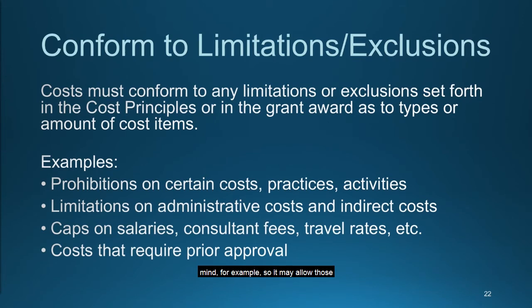It may allow those kinds of costs for a short temporary period of time if they were unforeseen, but when you get into long expanses of time, those start to get into the realm of questioned costs and unallowable costs, and things that have to be very carefully looked at. So those kinds of limitations should be thought about as well.